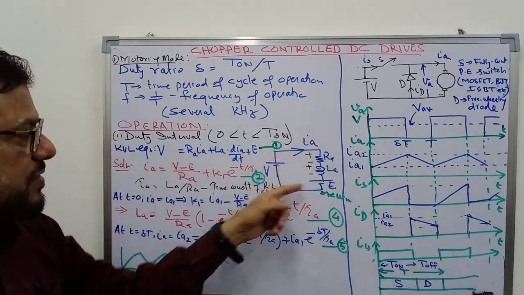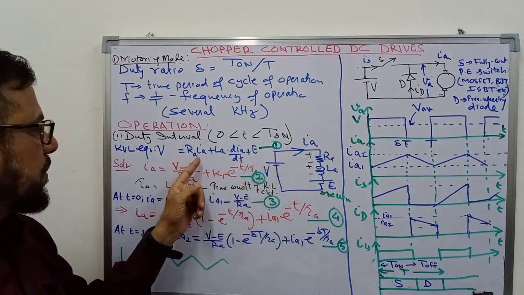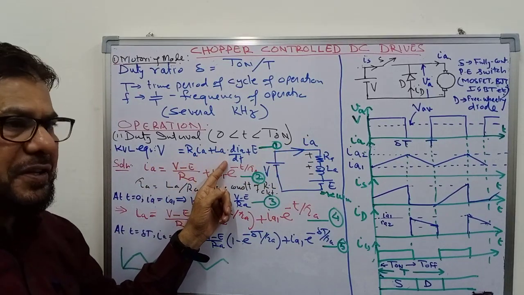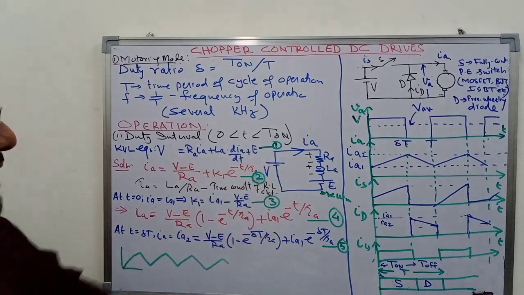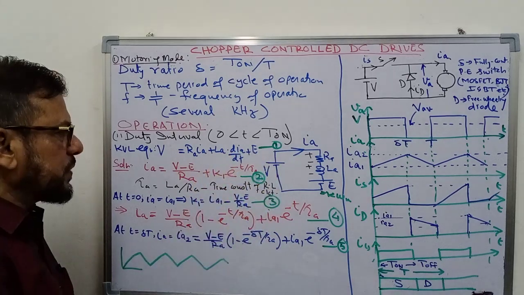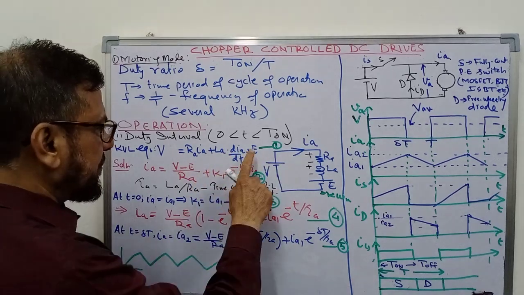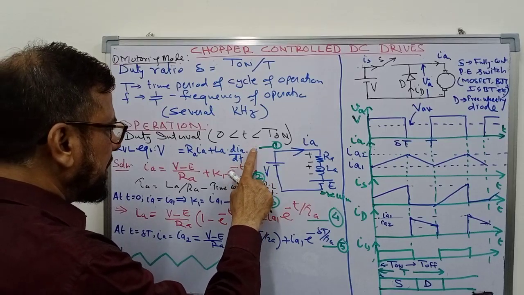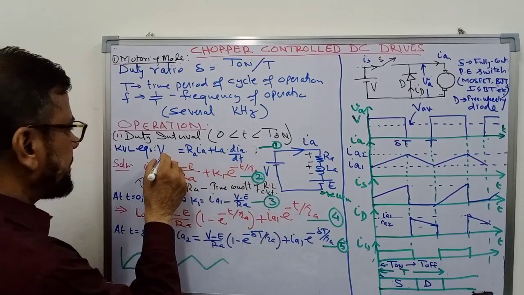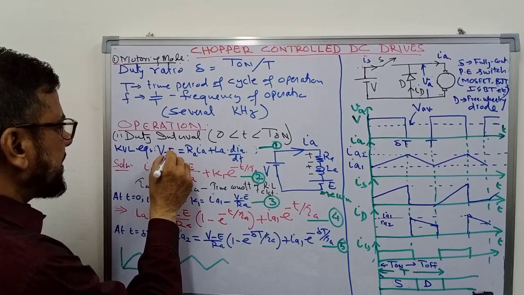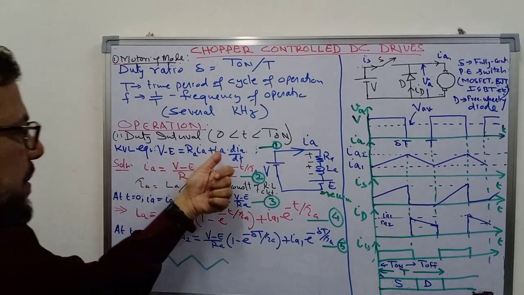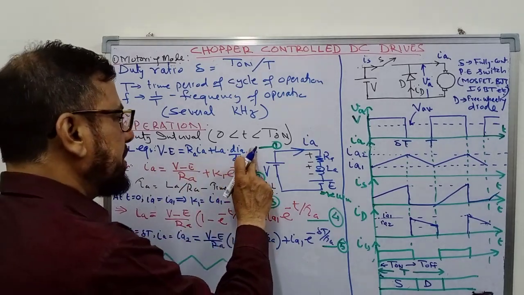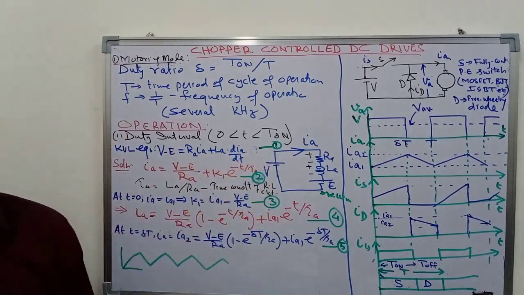Apply KVL, Kirchhoff's voltage law, here. So V will be equal to RA IA plus LA dIA/dt plus the back EMF. So this is the KVL equation, and you can bring this term on the left hand side and write the equation like this: V minus E equal to RA IA plus LA dIA/dt. So this equation you may call equation number 1.